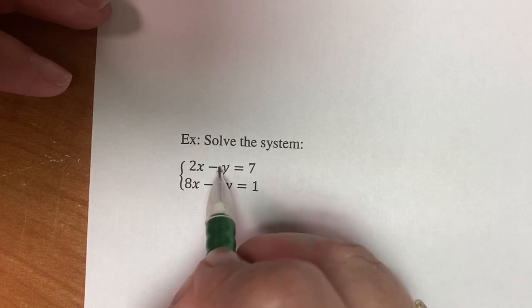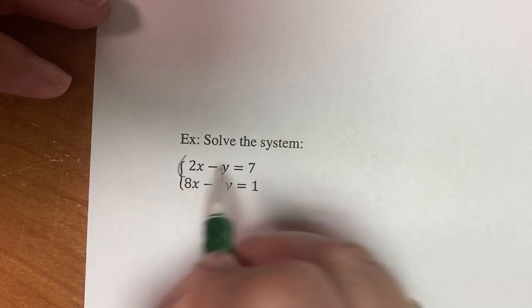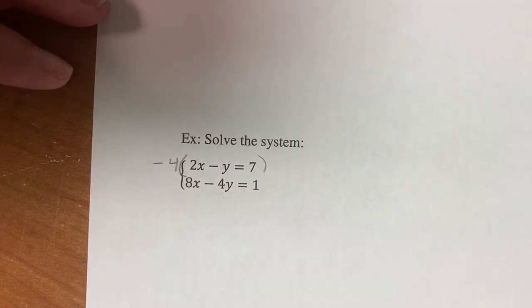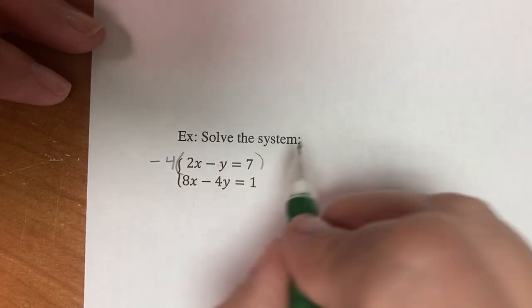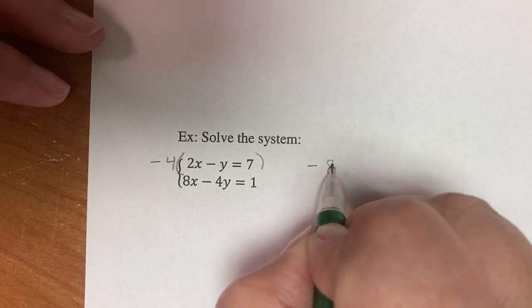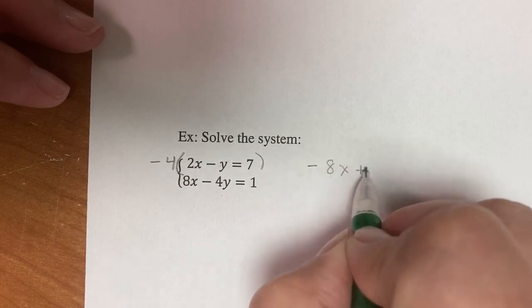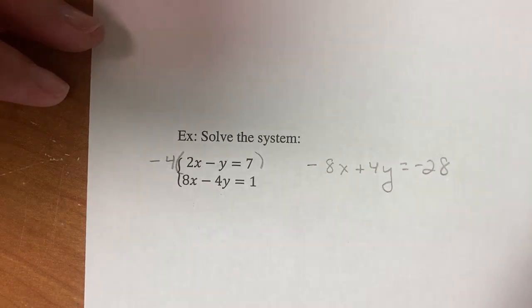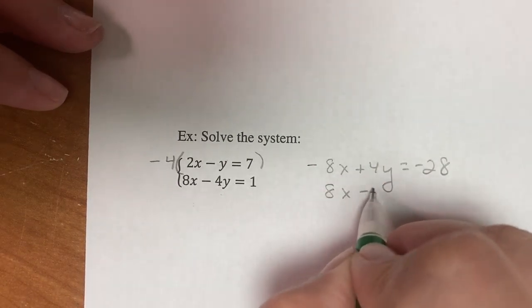And what can I multiply this equation by that would make it a positive 4? I'm going to multiply the whole equation by -4. So let's make sure that that works. If I multiply through, I'm going to get -8x plus 4y equals -28. I'm not changing the bottom.